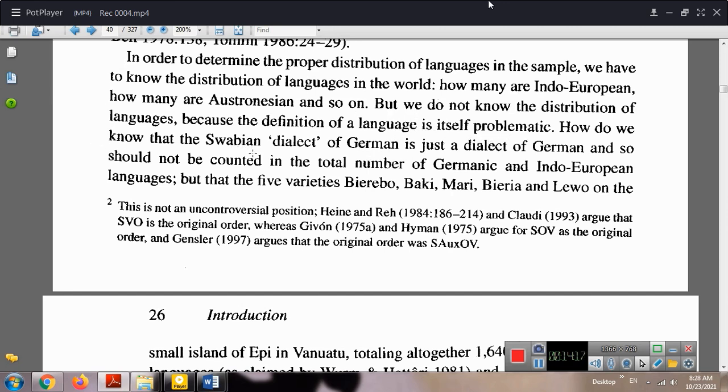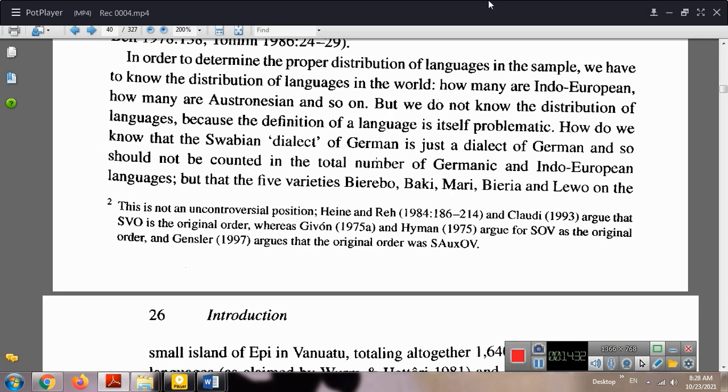How do we know that the Swabian dialect of German is just a dialect of German and so should not be counted in the total number of Germanic and Indo-European languages?